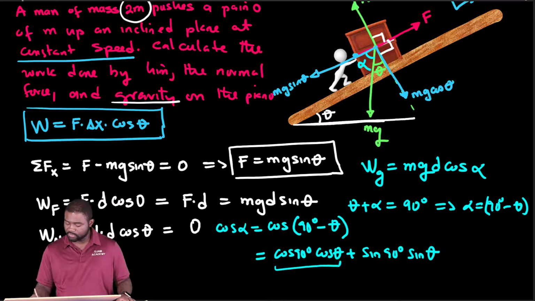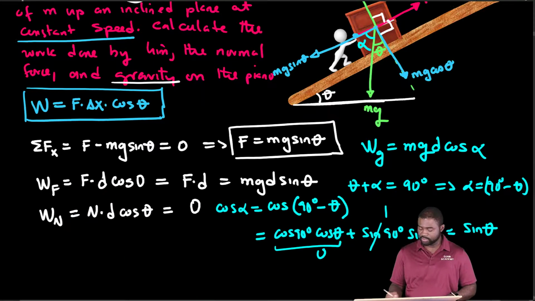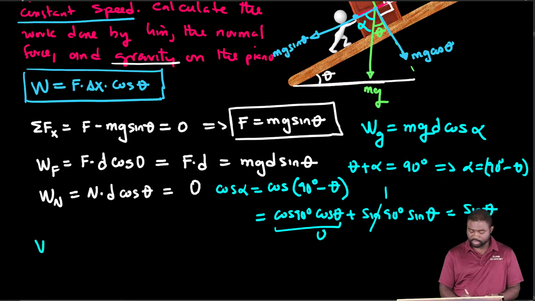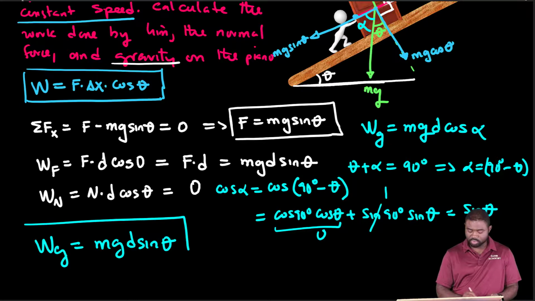Right here, this is 0, this is 1, so this is equal to the sine of theta. Hence, the work done by gravity will be equal to mgd sine theta. This is the work done by gravity.